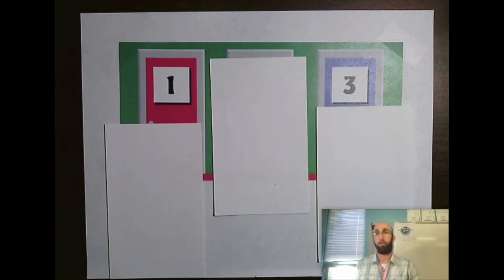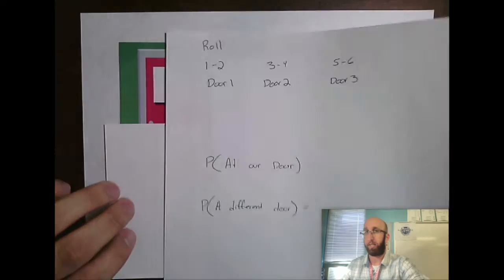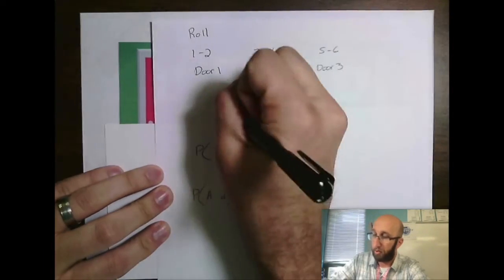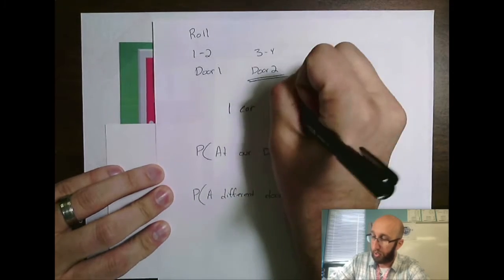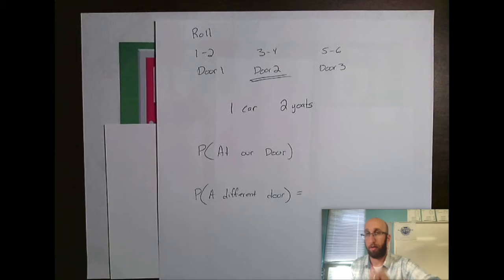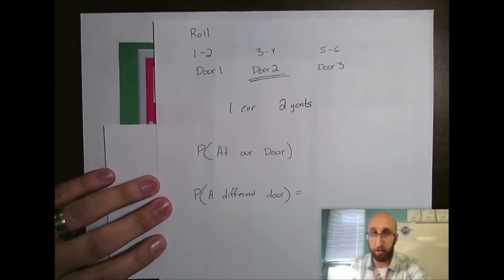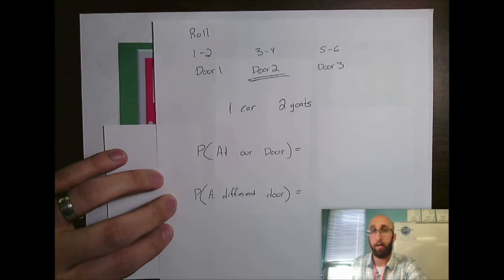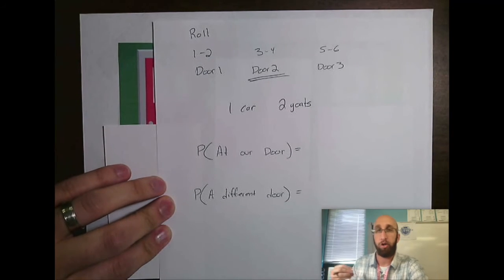Okay, so let's talk about some basic probabilities here. I've currently selected door number 2. There is one car and there are 2 goats. Car is winning, goats is losing. So let's just think about it. What is the probability that it's at our door?